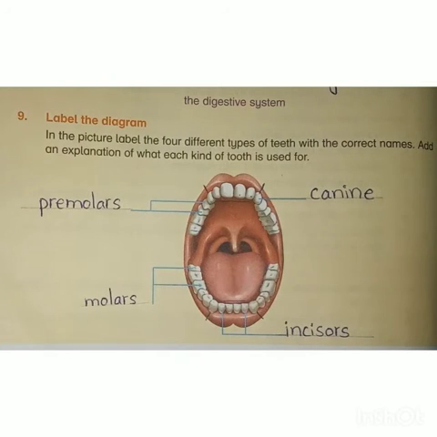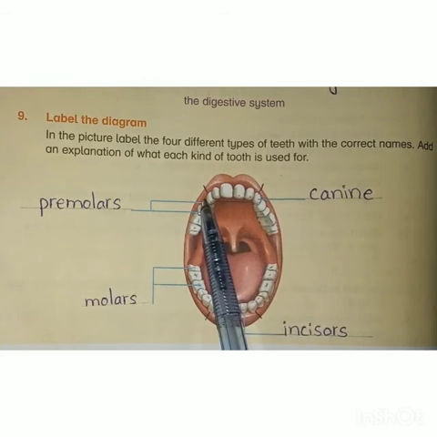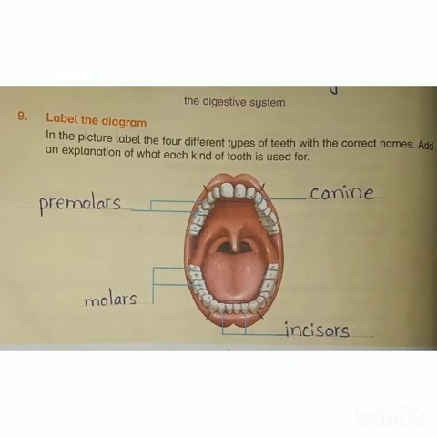Canine teeth are 4 in total. 2 teeth are present in the upper jaw and similarly 2 teeth are present in the lower jaw. Canine teeth are pointed and also sharp. They help to tear the food.